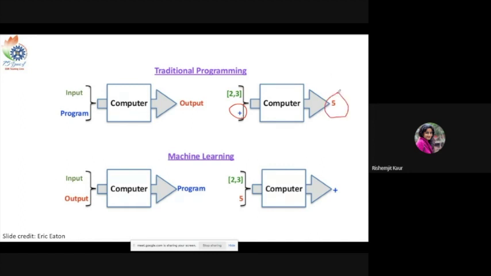Now the way machine learning works is different. You have input and you also know your output. Here the purpose is to find out the relationship between your input and your output. Like, what is the program which is supposed to be there? For example, if we have input as 2 and 3 and output as 5, the machine learning algorithm will try to understand if the relationship between them is a function of addition, multiplication, or some complex mathematical function.